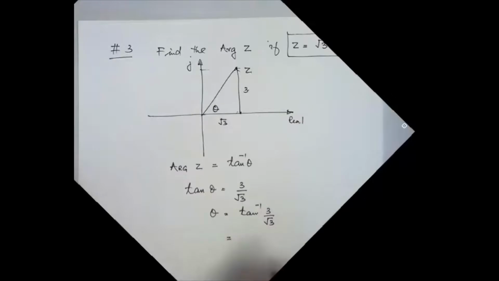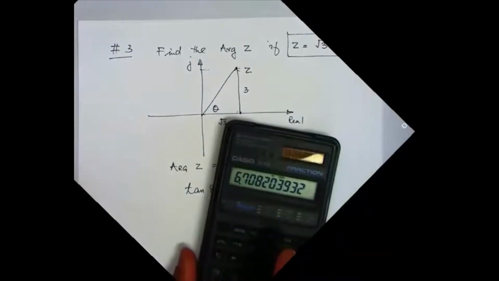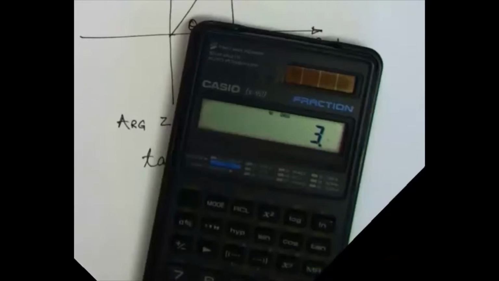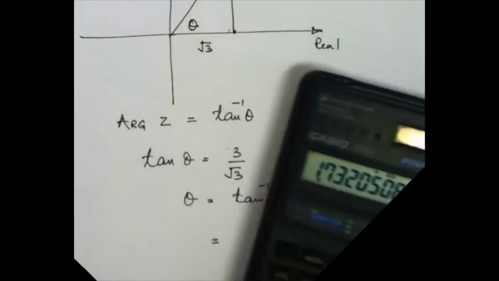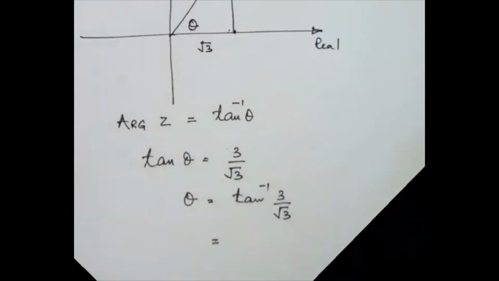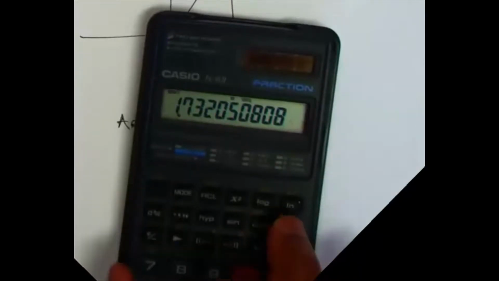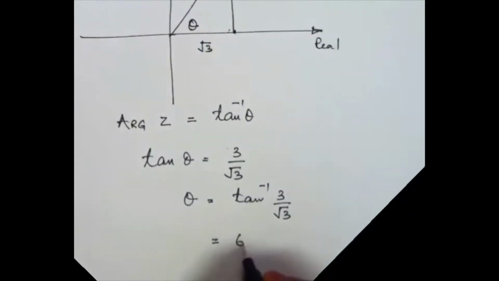So if you use the calculator, you can find this. 3 upon root 3 is equal to 1.732, and inverse tan of that is 60 degrees. So that's the argument.